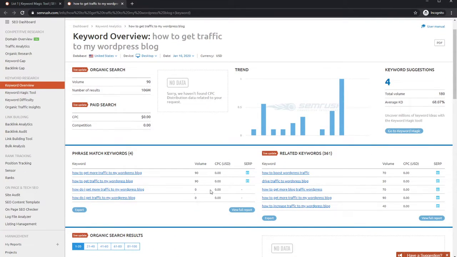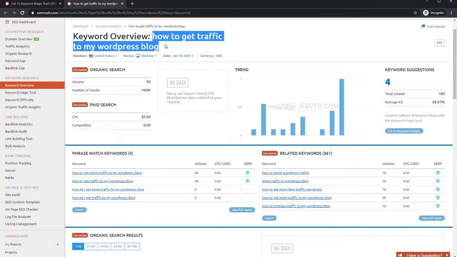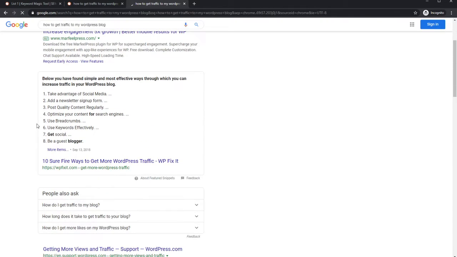Anyways, if you want to rank high on Google, don't go aiming for number one. Do not go aiming for number one, because if you aim for number one, you will not survive. You're going to get dragged. You're going to be on page 50 or page 30, and your post is down here. But let's say you wrote how to get more traffic to my WordPress blog. This is a little easier. Why is this easier?